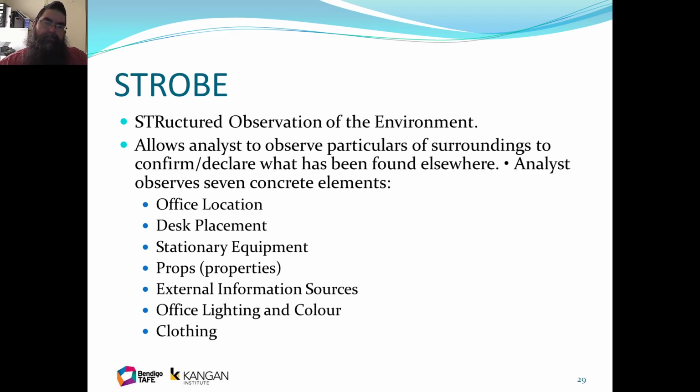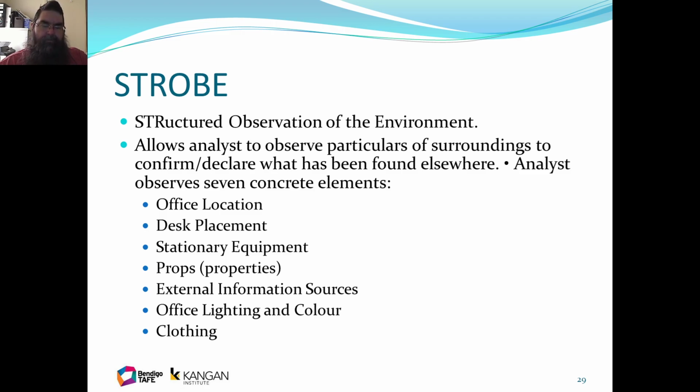So when you're doing an observation, and it's a very comprehensive one, we call it a STROBE, which is a structured observation, and these observers are trained observers that need to come in and observe the entire environment.